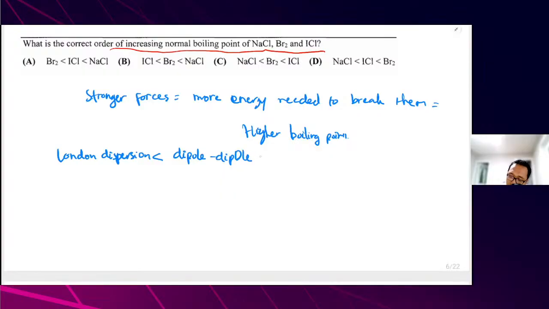These are the types of intermolecular bonding, or intermolecular force: polar forces, dipole, and then ionic bond.